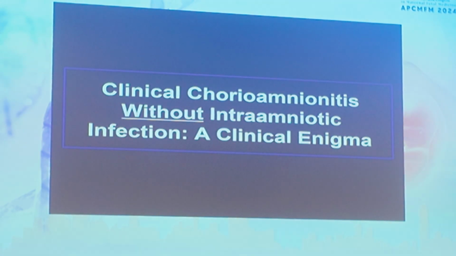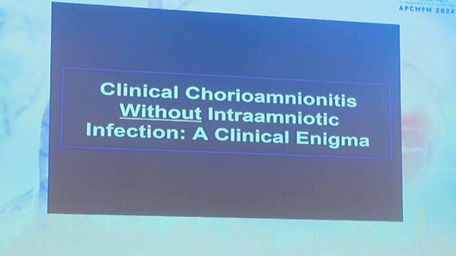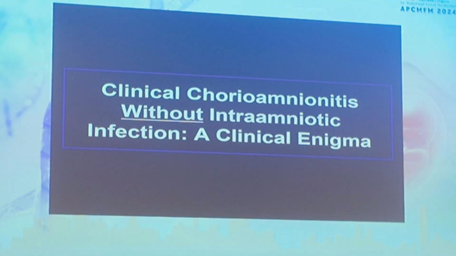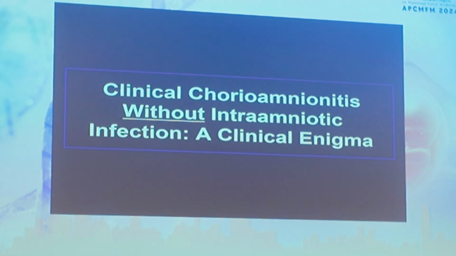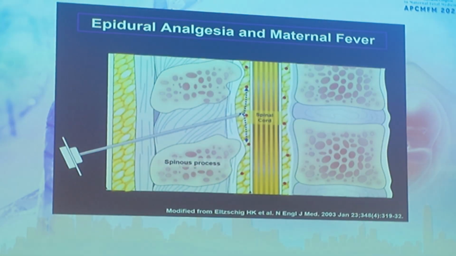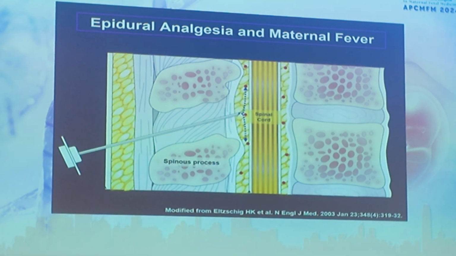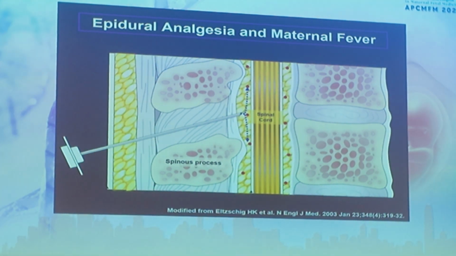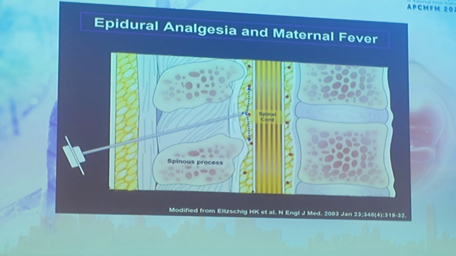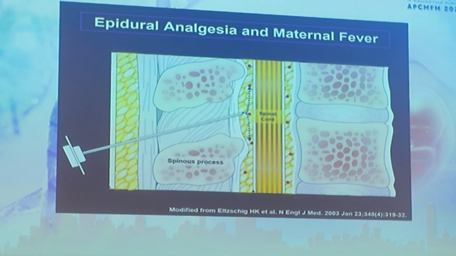The differential diagnosis includes intra-amniotic infection, but in addition, there is a clinical enigma in patients who have a maternal fever and other signs of inflammation but do not have microorganisms in the amniotic cavity. Frequently, this is due to the fact that patients have an epidural. Epidurals can induce neuroinflammation in the mother.